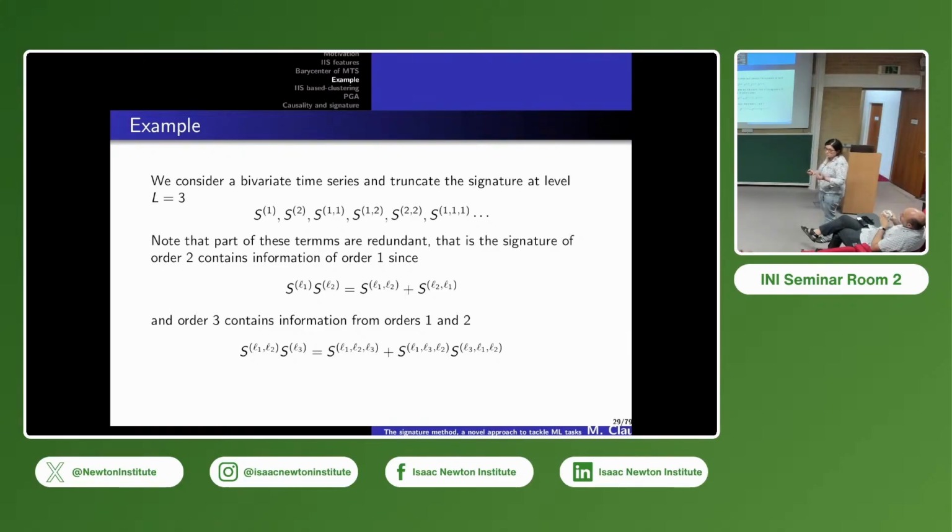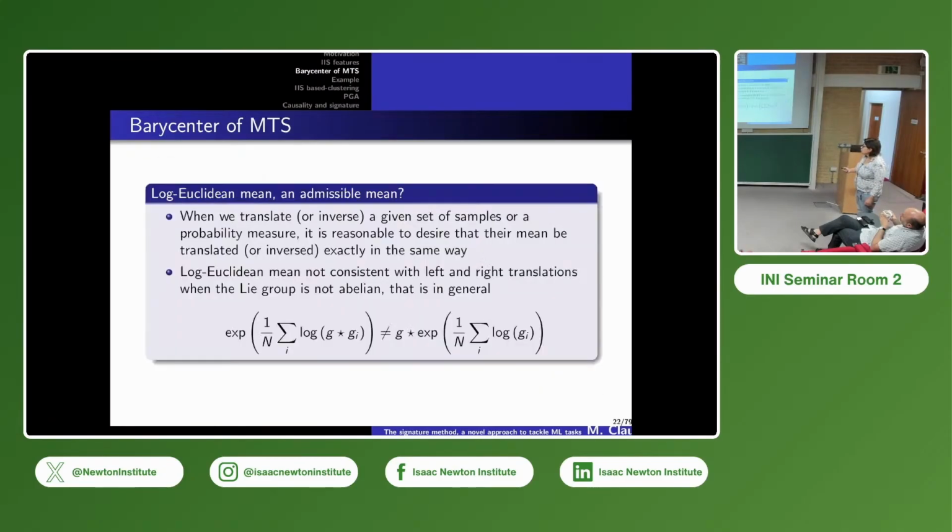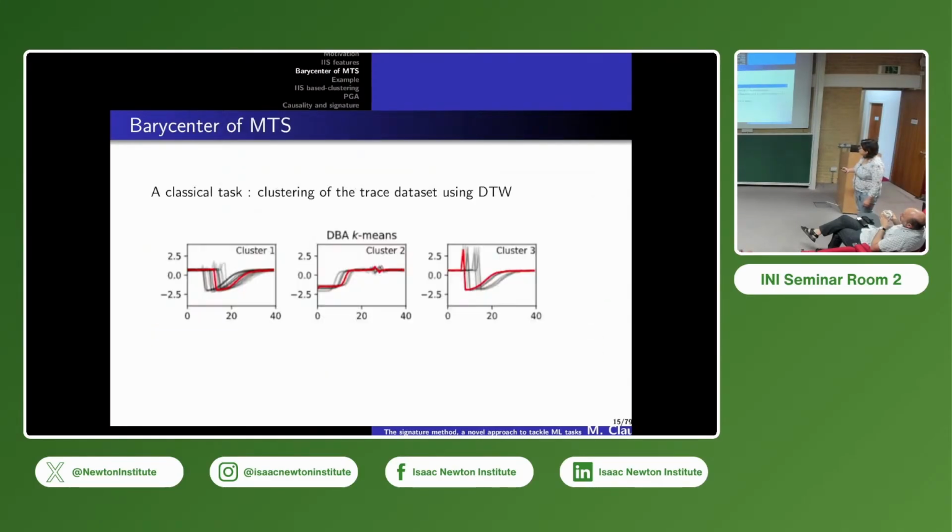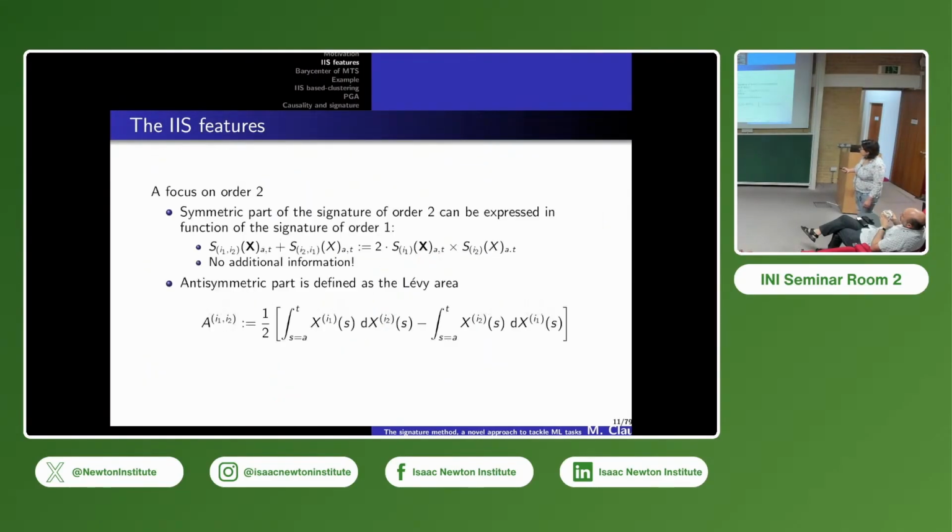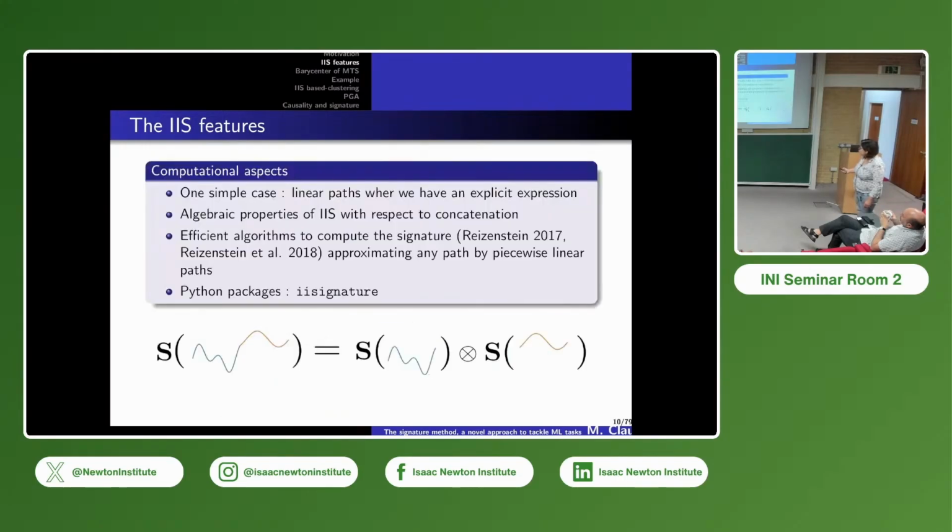You have algebraic rules, in fact, which can be recovered since you have integrals, okay. So for example, when you multiply two signatures, it is somehow a Fubini theorem. So you have properties like this that I showed you.